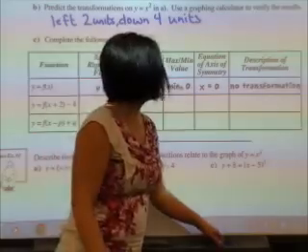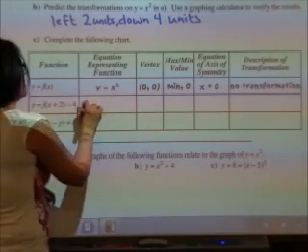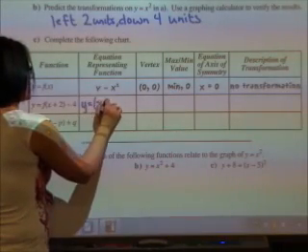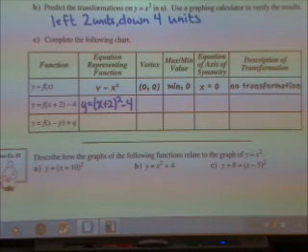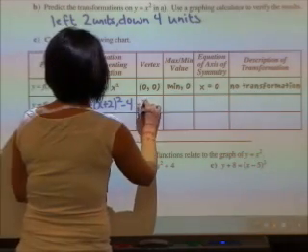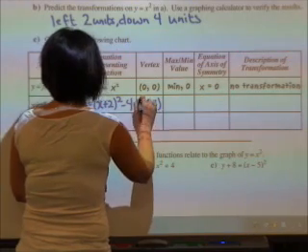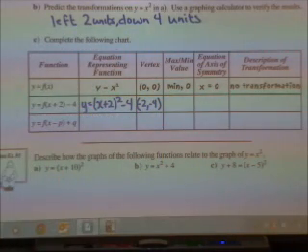So if we fill in this chart, I've got y equals x plus 2 squared minus 4. What is the vertex? Negative 2 and negative 4. Good. Does this have a minimum or a maximum? Minimum.